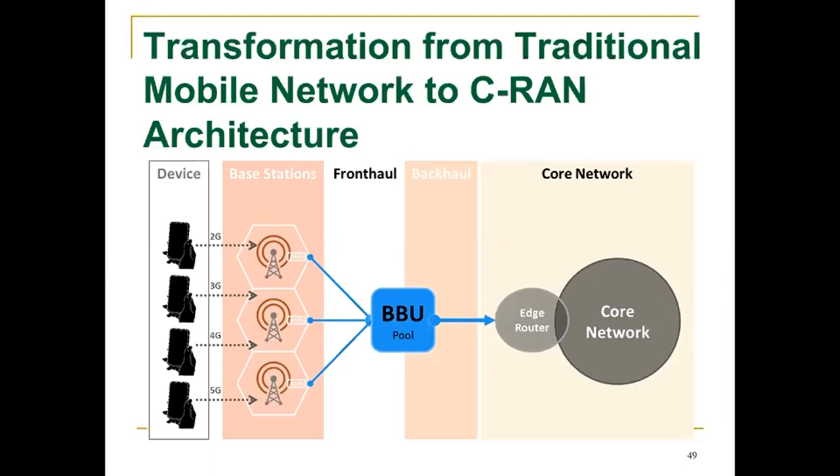It is also responsible for various radio resources and load balancing. So cloud RAN or centralized RAN is the attempt to decouple the baseband unit from the base station. And now the base station is much simpler compared to the base station we have for 3G and 4G.